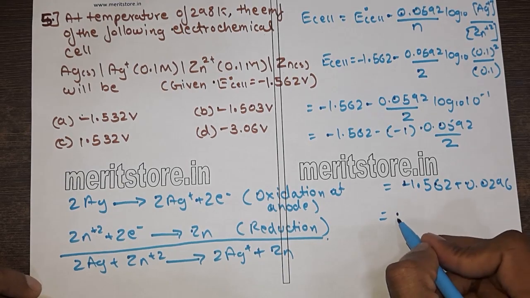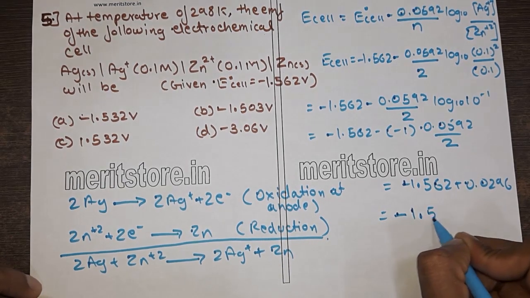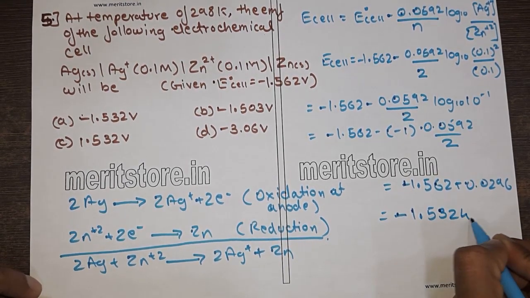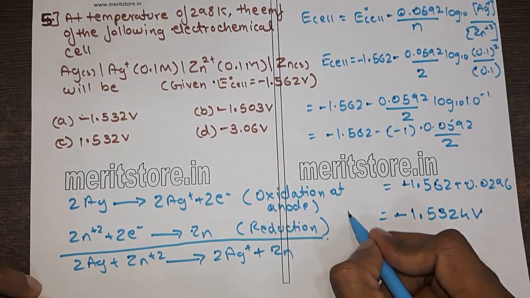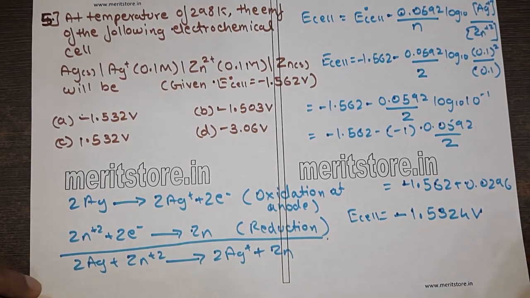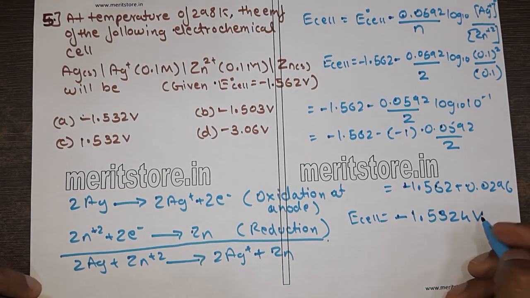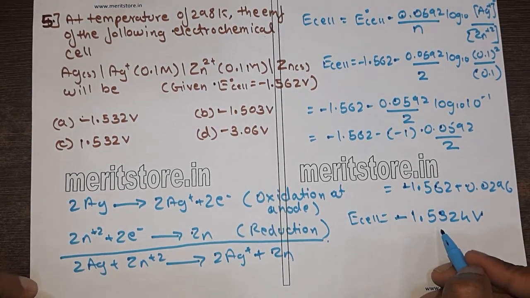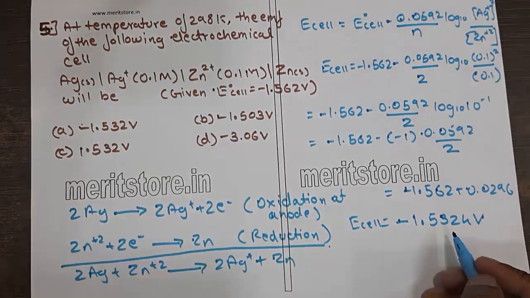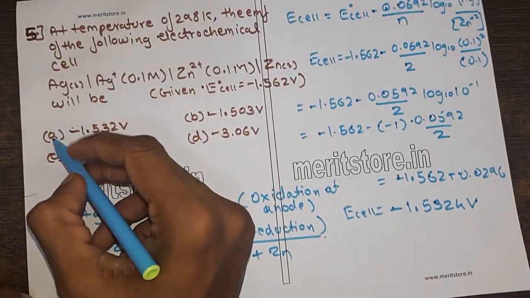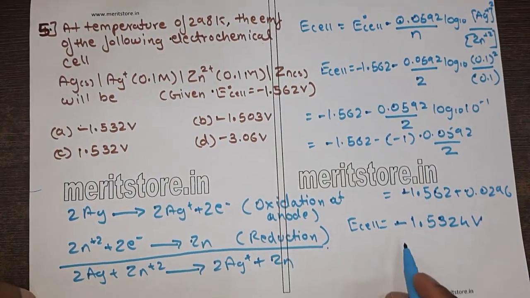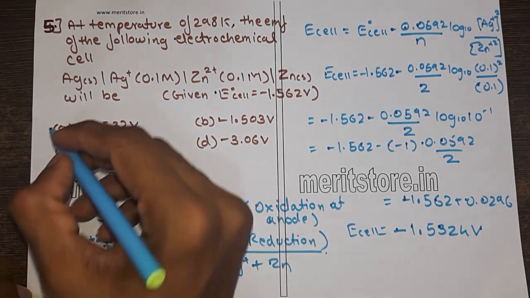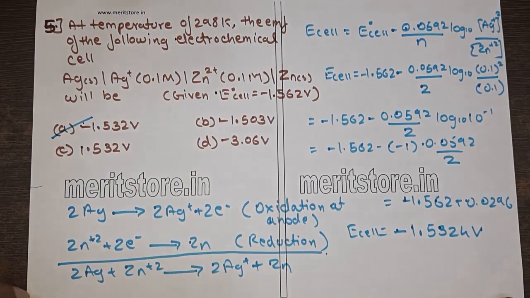Subtracting, we get minus 1.5324 volt, which is our E cell, matching option A. Therefore our answer matches with option A. Therefore option A is the correct answer.